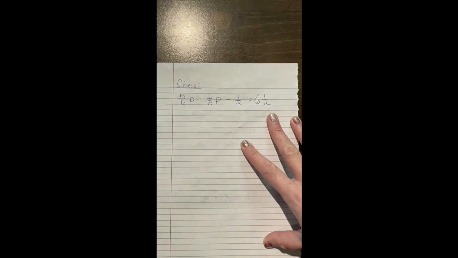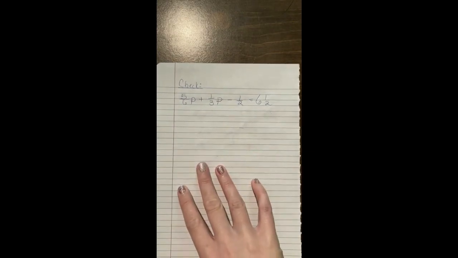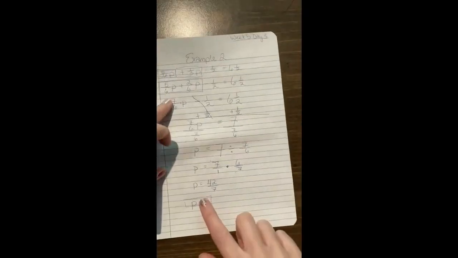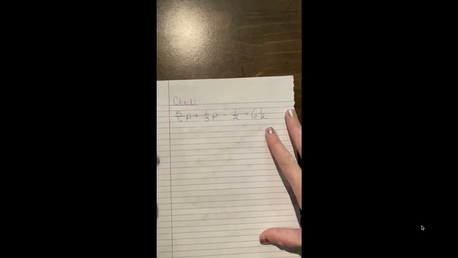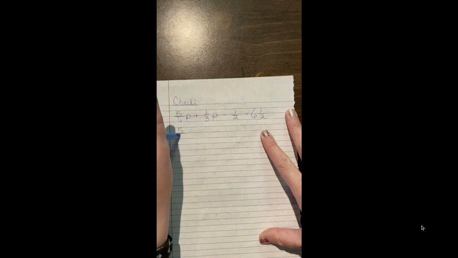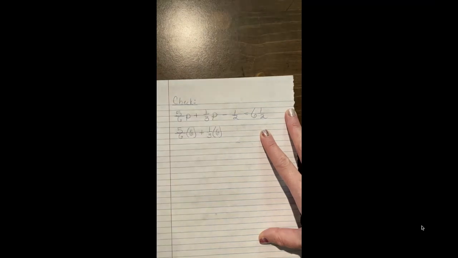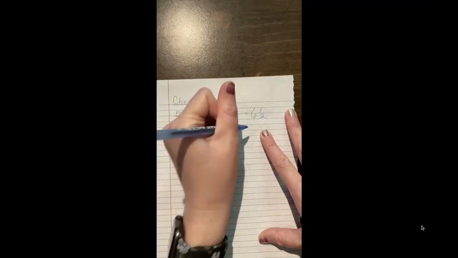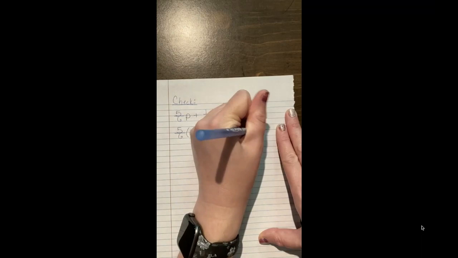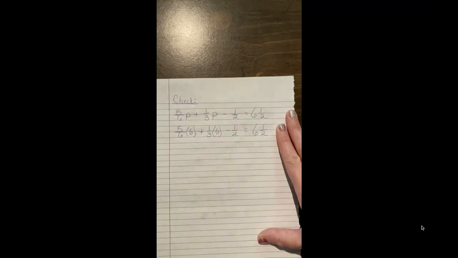All right. And I believe my answer is 6. p equals 6. So everywhere I see p, I'm going to substitute in a 6. So I have 5/6 of 6 plus 1/3 of 6 minus 1/2. We want to know, does that equal 6.5?